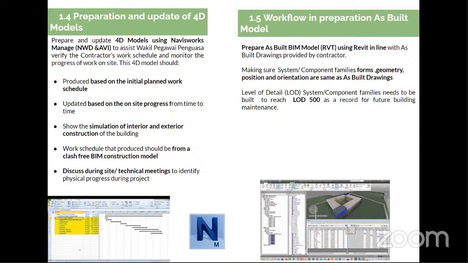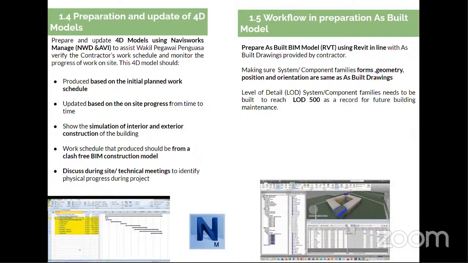So next is a workflow in preparations of as-built model. So the coordinations come in from the as-built drawing provided by the contractor.